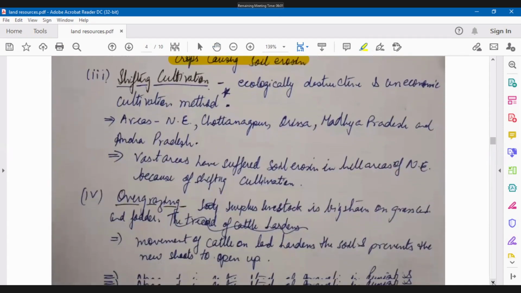When we talk about shifting cultivation, it is largely used in northeastern states and in Madhya Pradesh and Andhra Pradesh also. Shifting cultivation is an ecologically destructive and uneconomic method of cultivation. Vast areas have suffered soil erosion in the hill areas of the northeast because of shifting cultivation.